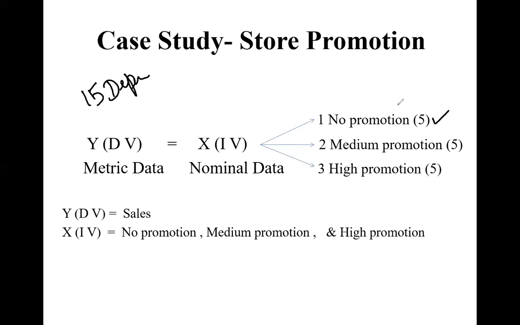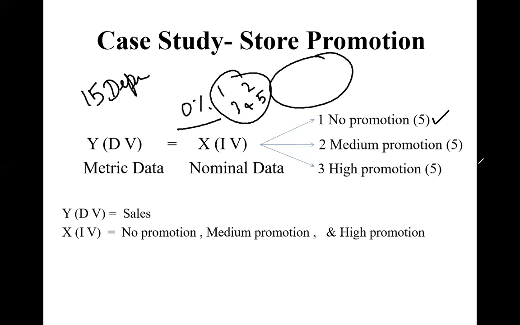5 selected, these 5 department stores he is not giving any discount, no promotion. 1 2 3 4 5 outlets, and 5 outlets he has selected, he is giving medium promotion. Medium means 10% discount in 5 retail outlets.